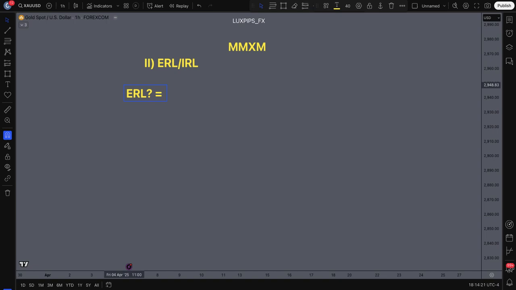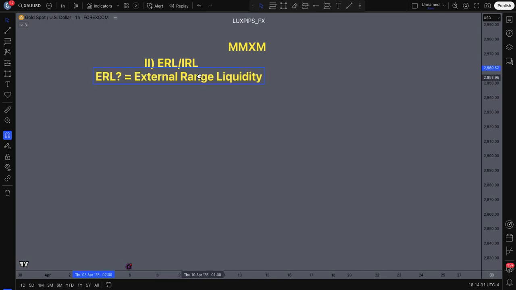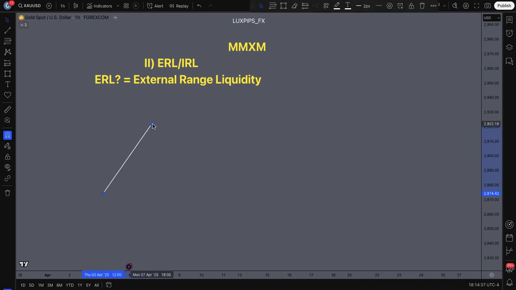This means external range liquidity. What does this mean? It just means that it's a high or a low.